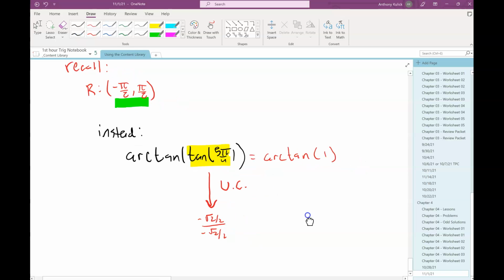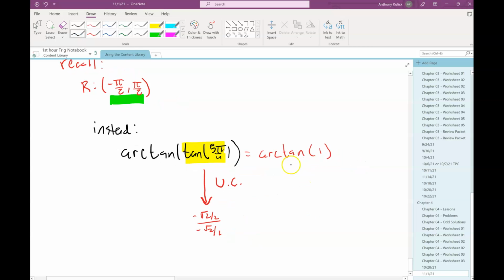Now, if I'm going to do arctan of 1, I remember that the range for arctangent, or tangent inverse, is negative pi over 2 to positive pi over 2. So if I draw my picture here, we're talking about quadrants 1 and 4.